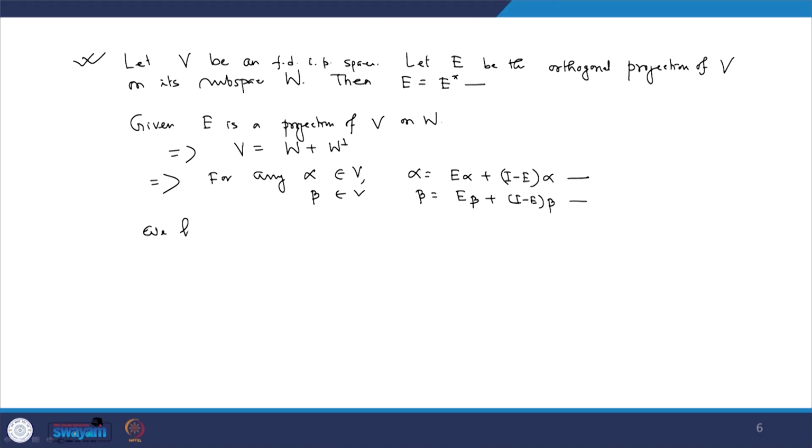We have the inner product of E alpha and beta equal to the inner product of alpha and E star beta. We want to know what E star is for this problem. See, the inner product of E alpha and beta is equal to the inner product of E alpha and E beta plus I minus E operating on beta.